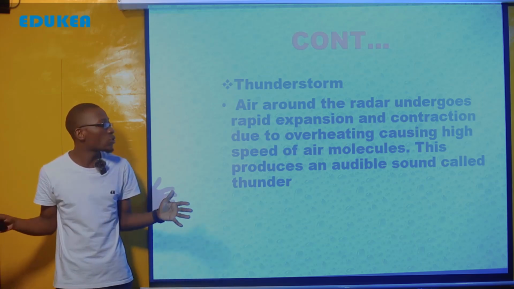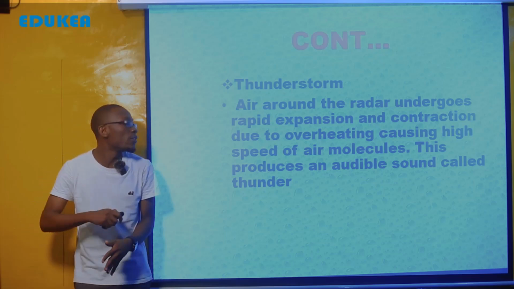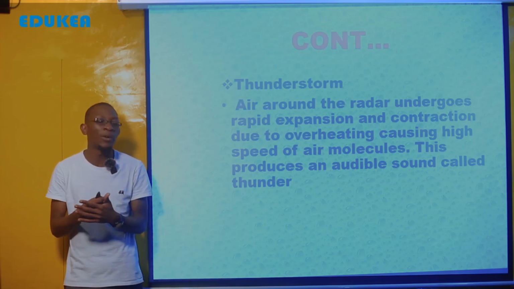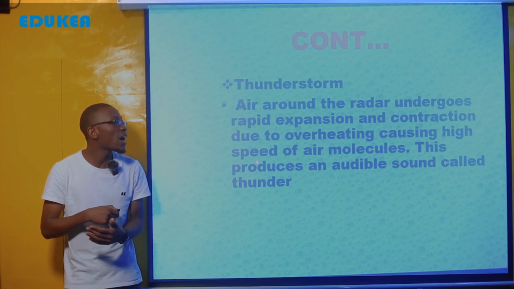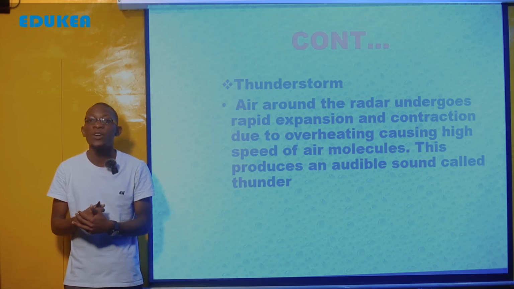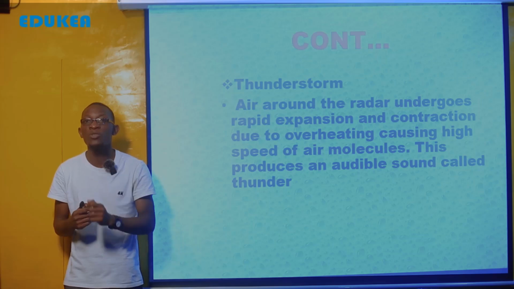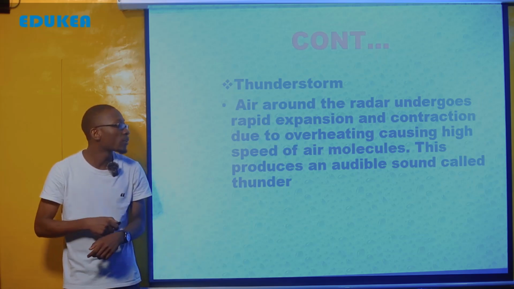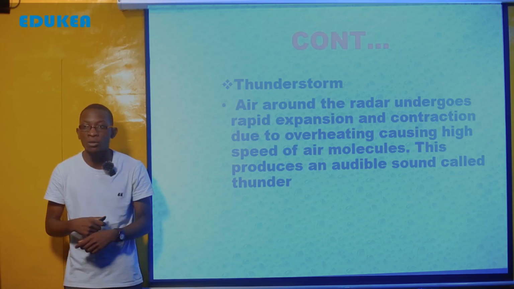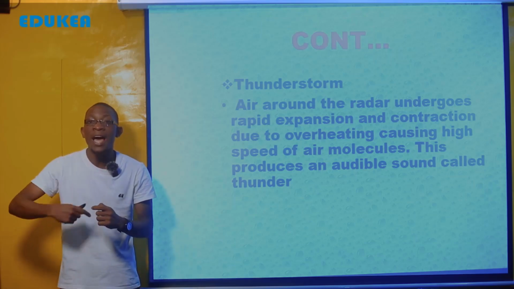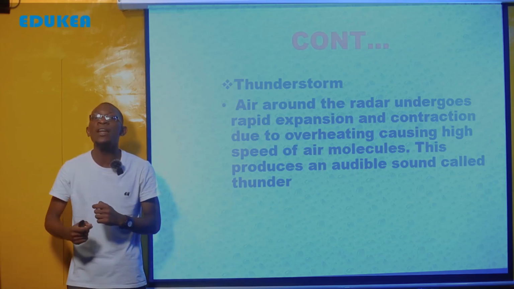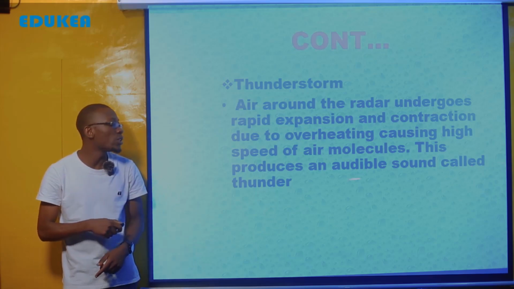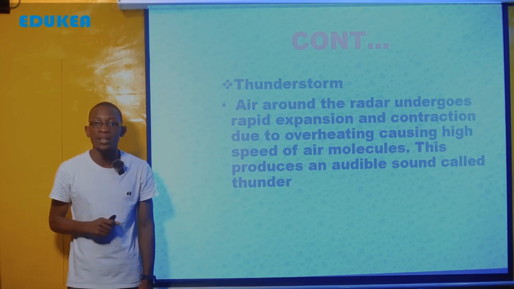This is due to the overheating that occurs, causing high speed of molecules. This makes the air molecules move at high speed. This produces an audible sound. Especially the movement of air at high speed produces an audible sound, a huge sound, which we call thunder, thunderstorm.